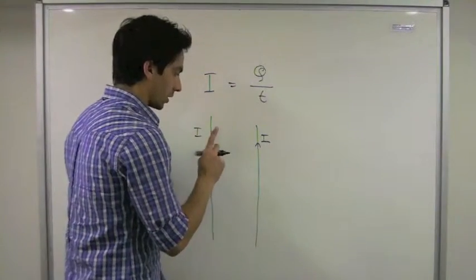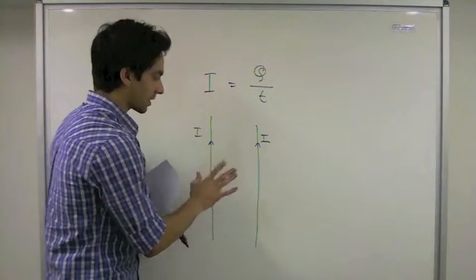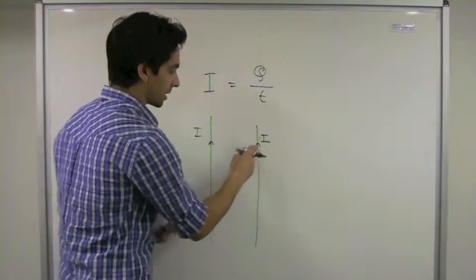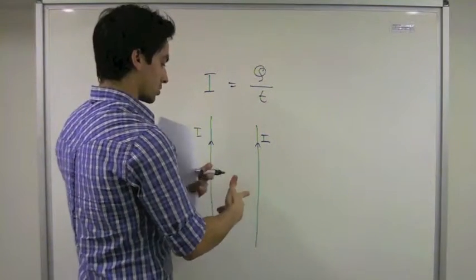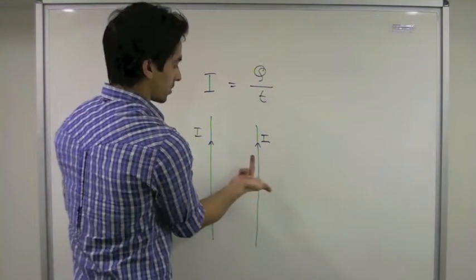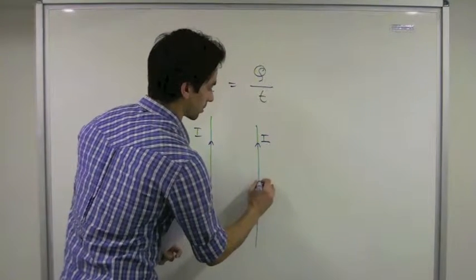Okay, so in this case, for example, this current carrying conductor is going to produce a B field which is going into the page at this point. If we use our right hand rule, we will know that there is a force acting outwards on this conductor.